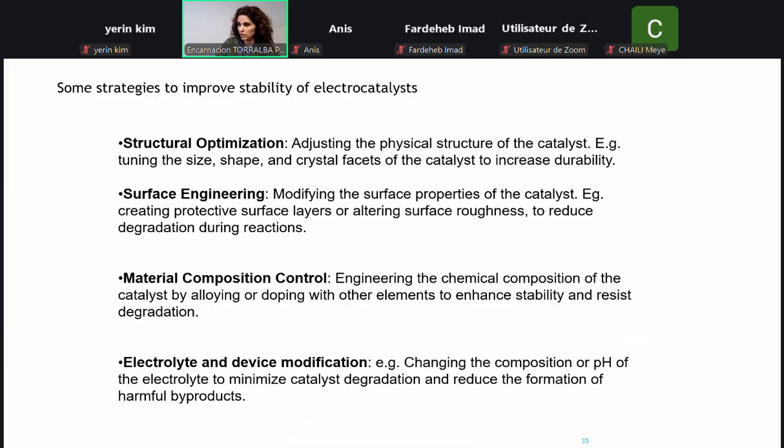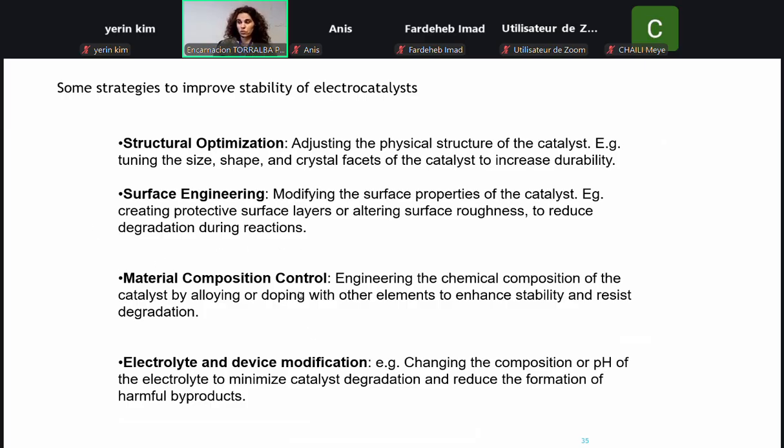When you engineer the surface, you put protective layers. For example, I don't know if you know the technique atomic layer deposition, but atomic layer deposition can be used to protect nanoparticles. It has very thin layers of protective oxides, for example, and then your nanoparticles will disintegrate less.